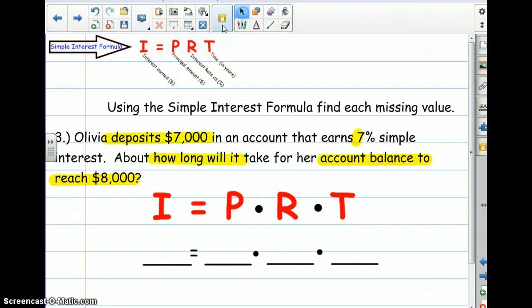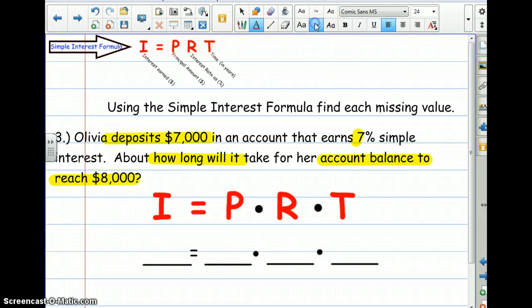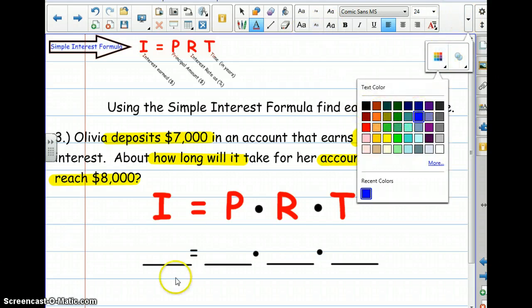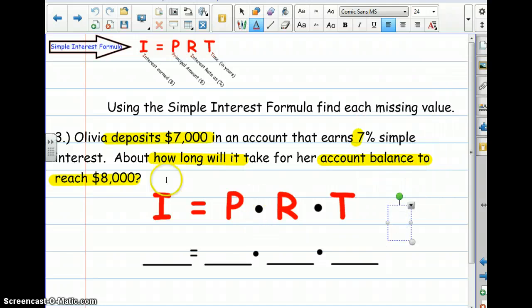So we have to actually stop and really think about what this is telling us. And we're going to go through here together and point out what we know and fill in what we know. Do we know the amount of interest earned? Well, it doesn't come right out and tell us the amount that is earned, but it tells us that her account balance will be $8,000.